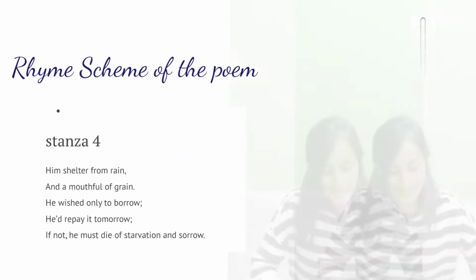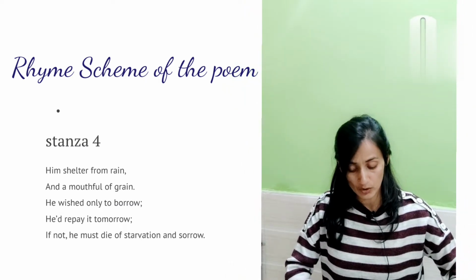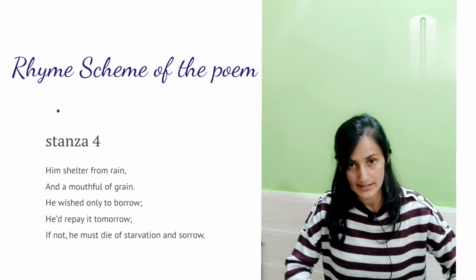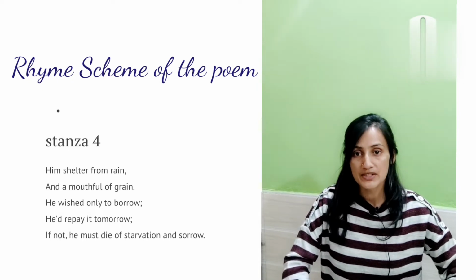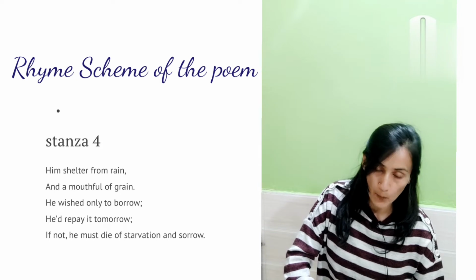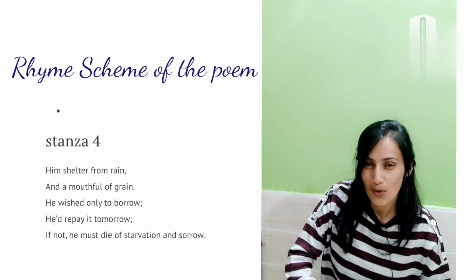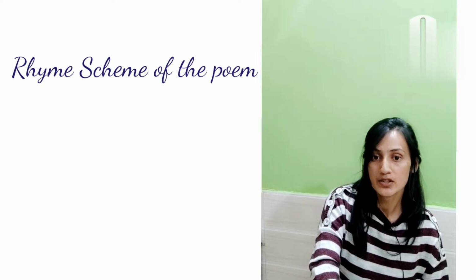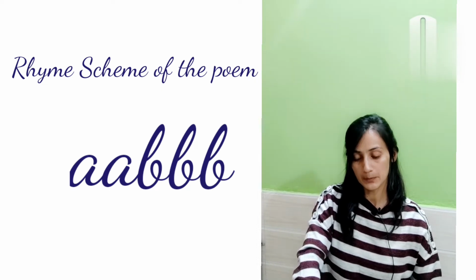In the fourth stanza, the last word of the first line is rain, then in the next line is grain. So rain, grain, its similar sound is a. In the next lines, we see borrow, then tomorrow and sorrow. So borrow, tomorrow, sorrow, similar sound, it's b. So the rhyme scheme of the fourth stanza is a, b.